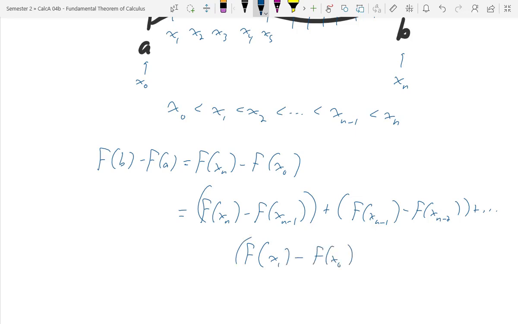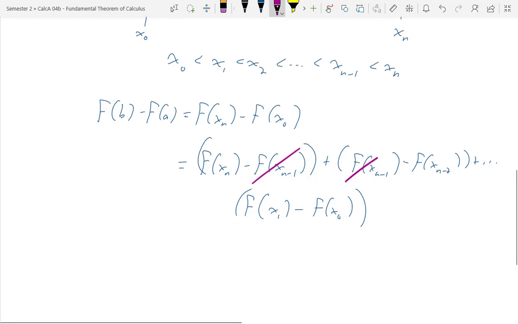Do you see why algebraically that would actually be the same thing as the step right above? The cancellations that would come into play, these would cancel, the next ones would cancel. The only thing remaining would be your endpoints. So it's like you're adding up all the differences, all the infinite number of differences. And when you add up an infinite number of things, that's the very definition of what happens in calculus.